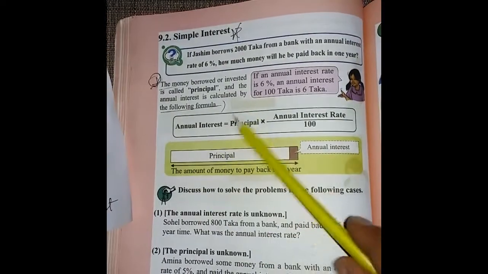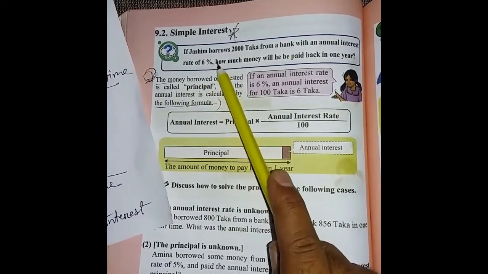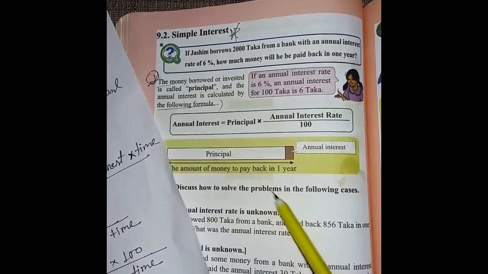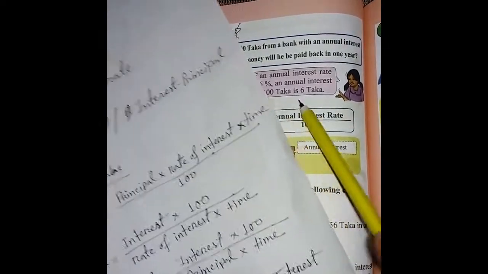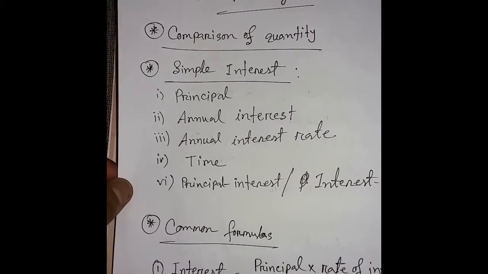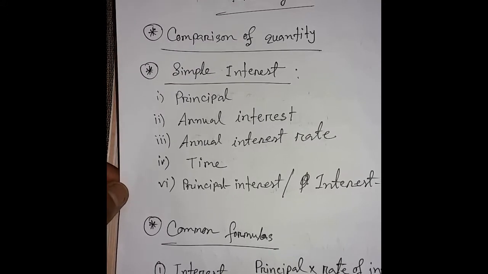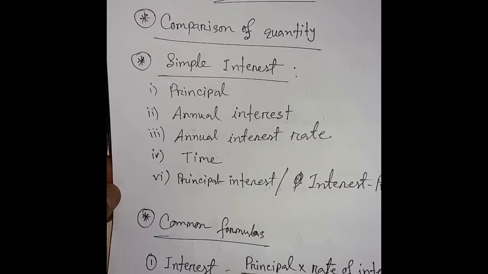Here you can see in the question, annual interest rate of 6%. 6% means what? 6 taka out of how much taka? Out of 100 taka. So if you deposit 100 taka, you will get 6 taka after 1 year as interest or profit, right?